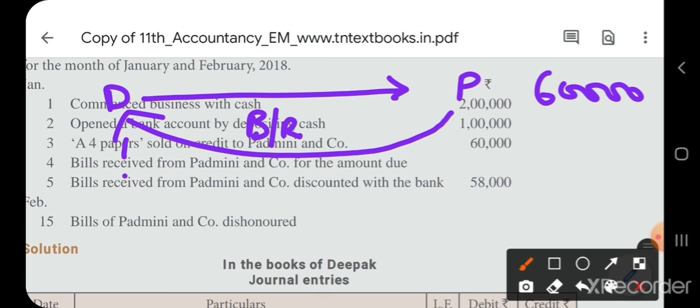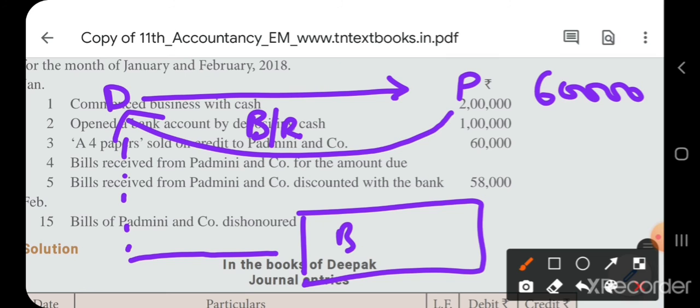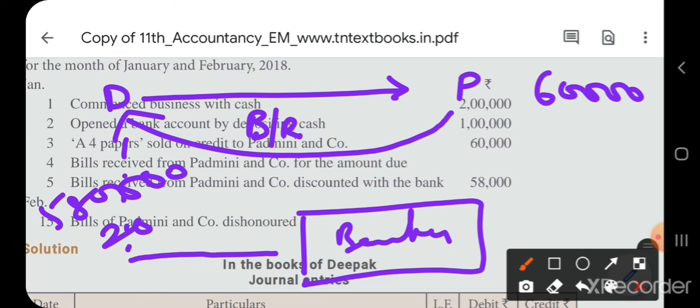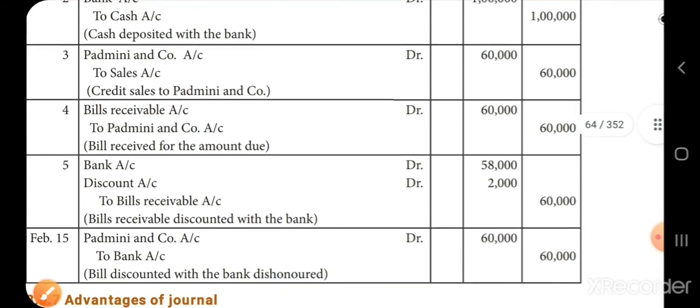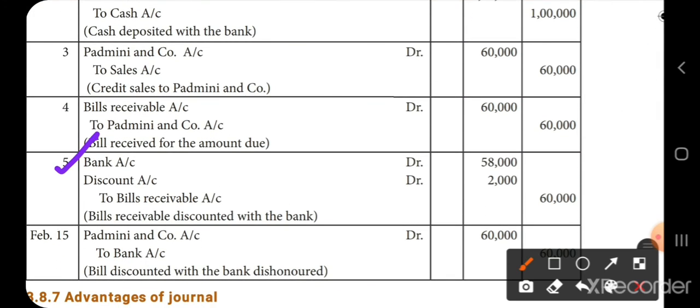Now Deepak immediately wants the cash, so he approaches the banker and the banker gives him rupees 58,000. So the remaining 2,000 is the discount allowed. Okay. So the entry will be bank account debtor 58,000. Okay. Discount account debtor 2,000 to bills receivable 60,000.